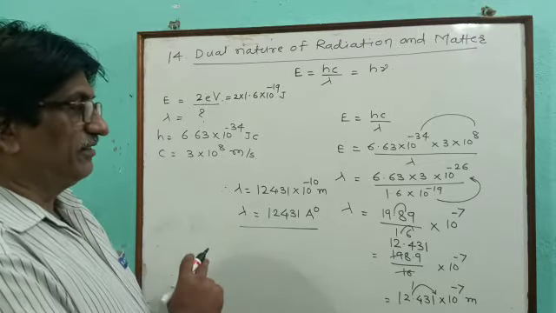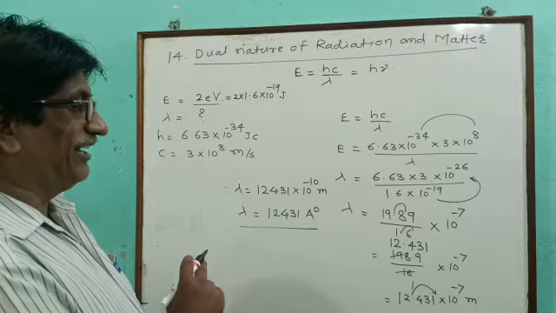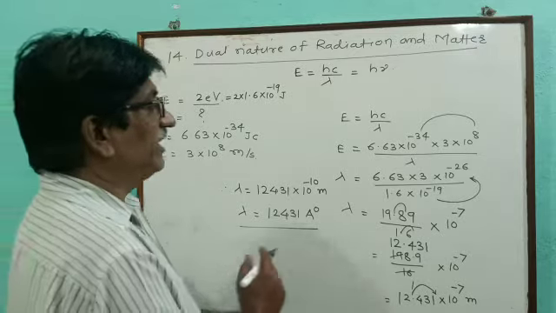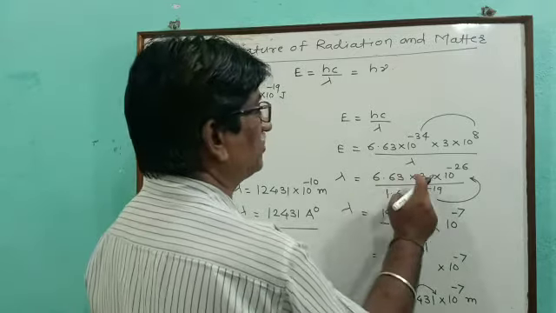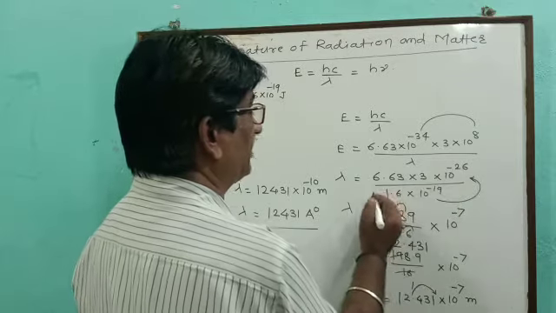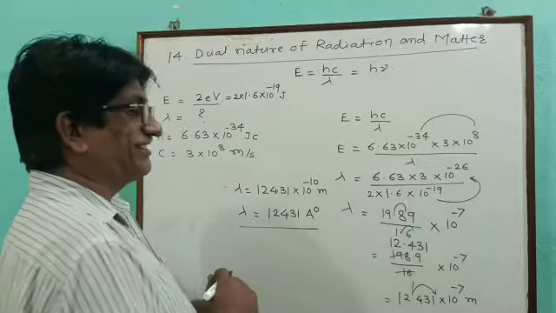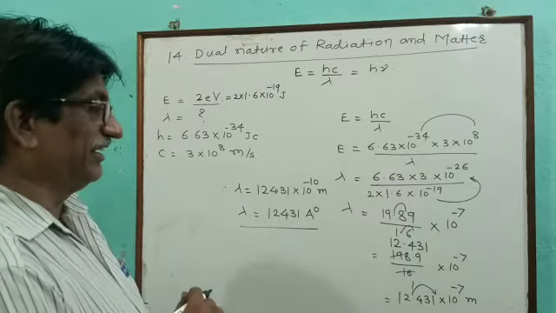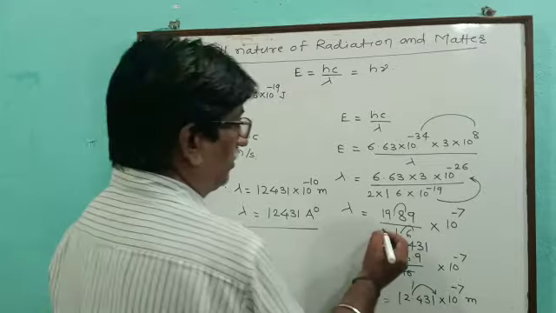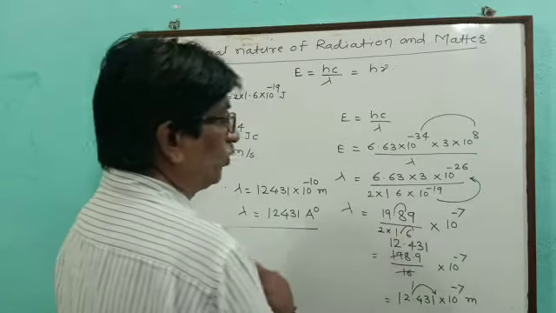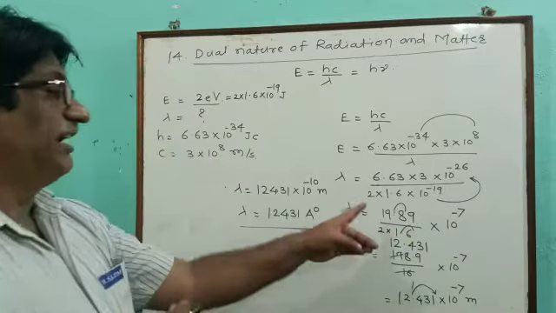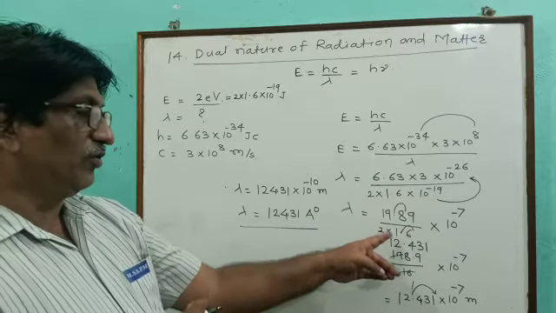Interchange the values of λ and E. So here we can write 6.63 × 3 × 10^-26 upon 2 × 1.6 × 10^-19. So here upon 2 × 1.6 means 19.89 upon 2 × 1.6.